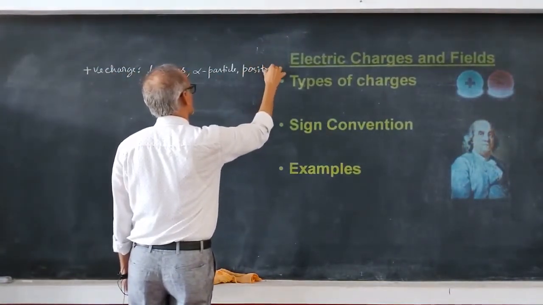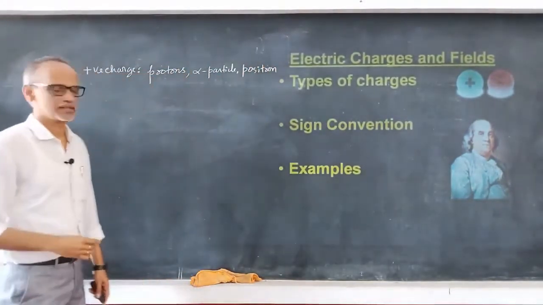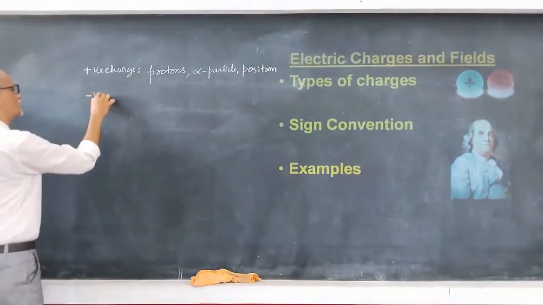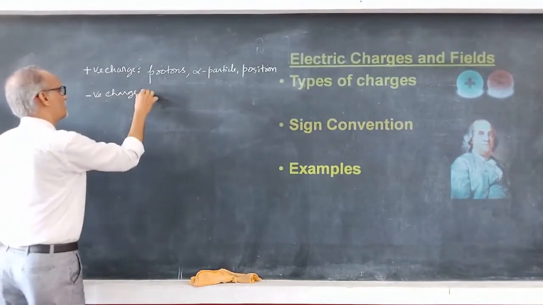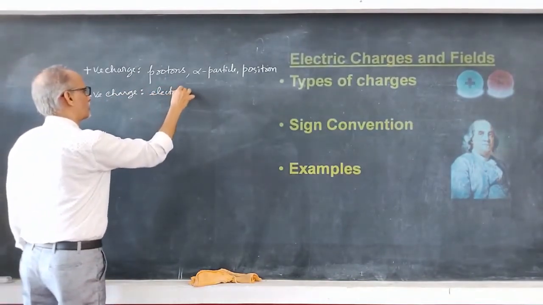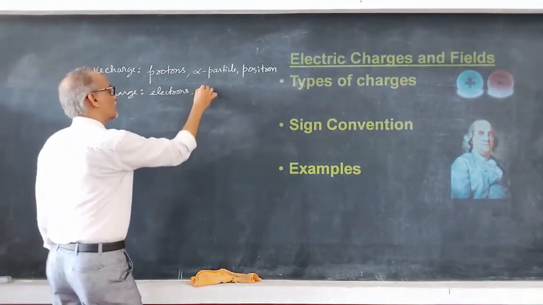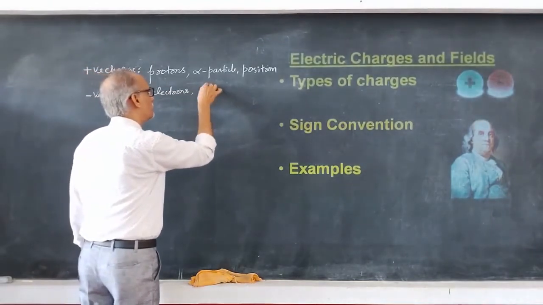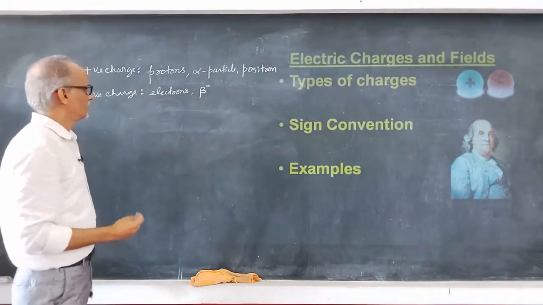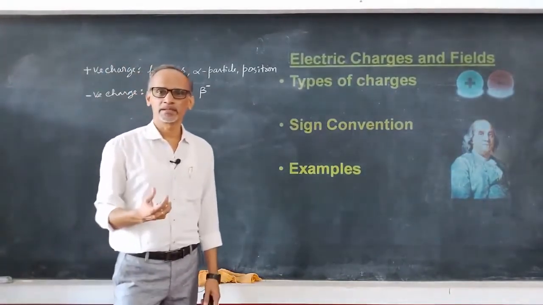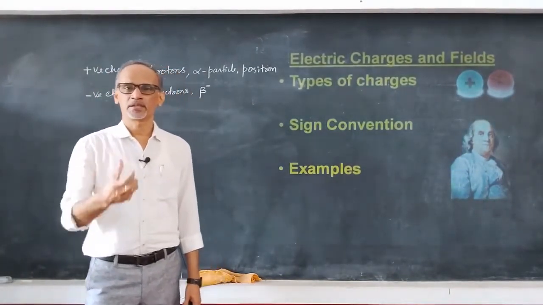These are examples of positively charged particles. What about examples for negative charge? Electrons, and then there is something called the beta negative particle.